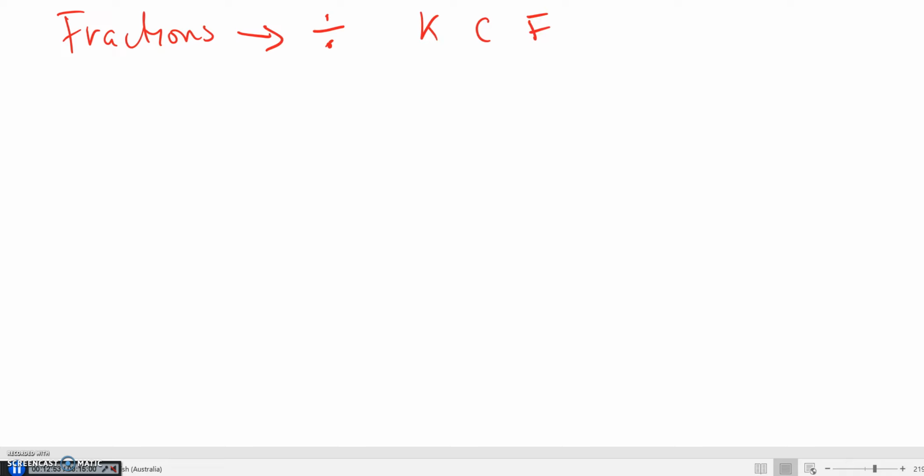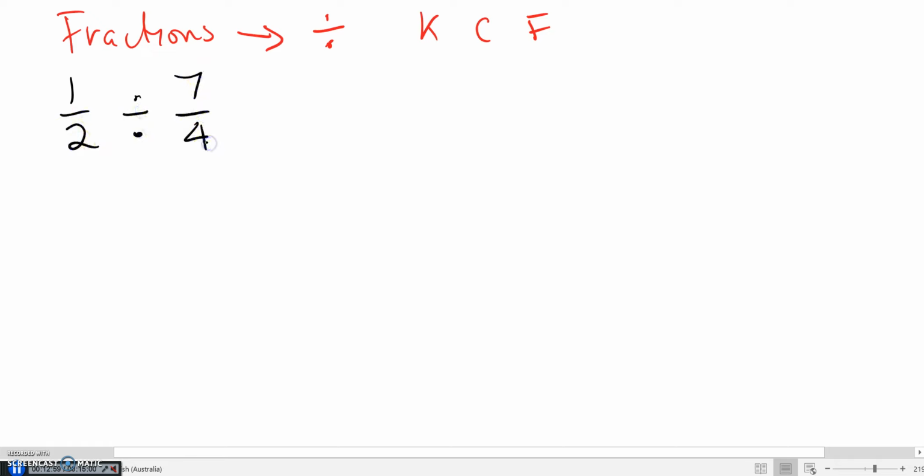So you might have a question that might look like this: half divided by 7/4, for example. We keep the first fraction the same. We change the divide to a multiply, and then we flip this one upside down. So instead of 7/4, it is now 4/7.